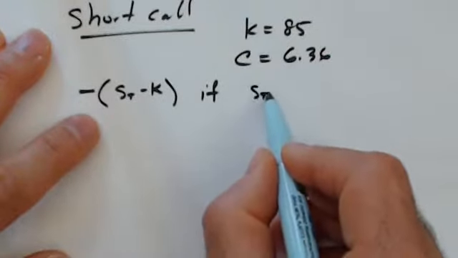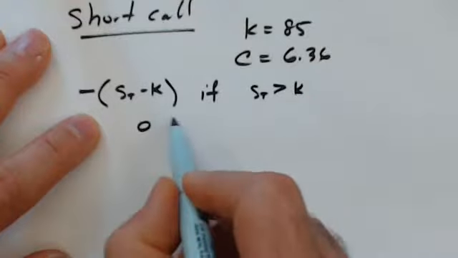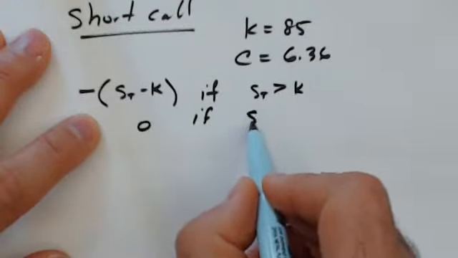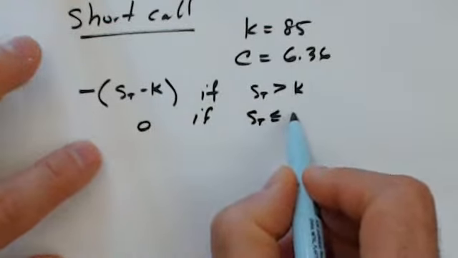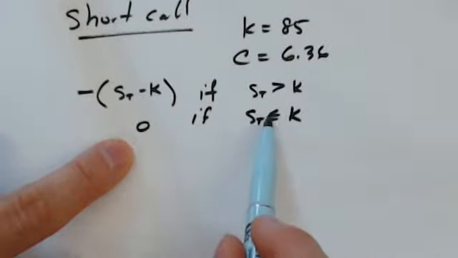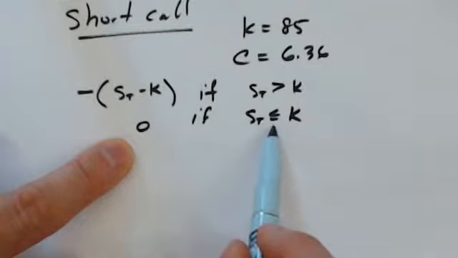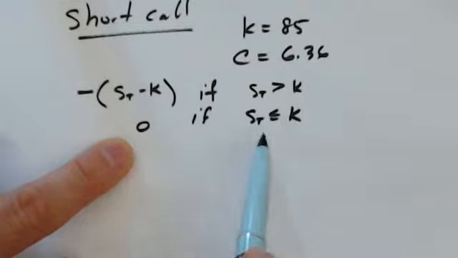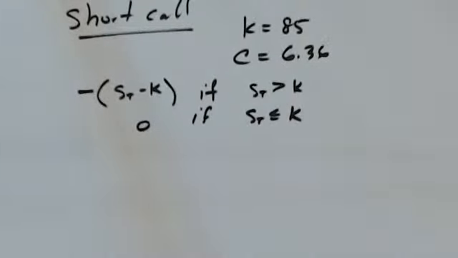Okay, so ST greater than K, and it's 0 out of the money if ST is less than or equal to K. It's technically out of the money when the stock price is less than K, and it's at the money if you invoke this equal sign, that half of equal sign there.